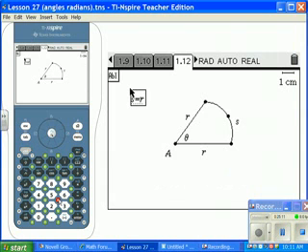Look down here on the bottom. It's already there for us. We don't have to find it. And enter will store it. Okay, S equals R theta is the formula that we use if we're missing one of these pieces. If I'm missing the radius, the radians, or the arc length. And this gets used a lot when we talk about real-life applications, rotations around something, pendulums, things of that nature. Okay?